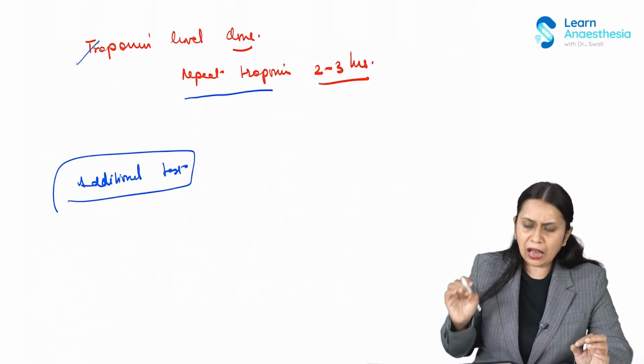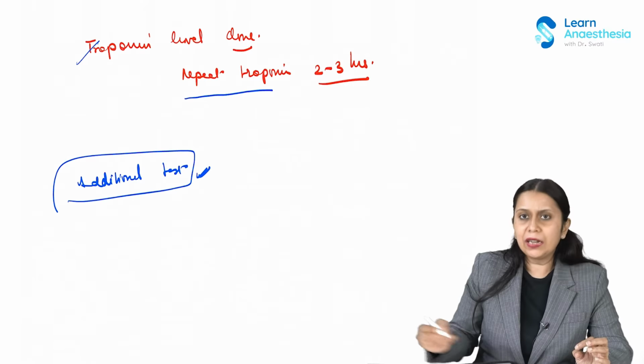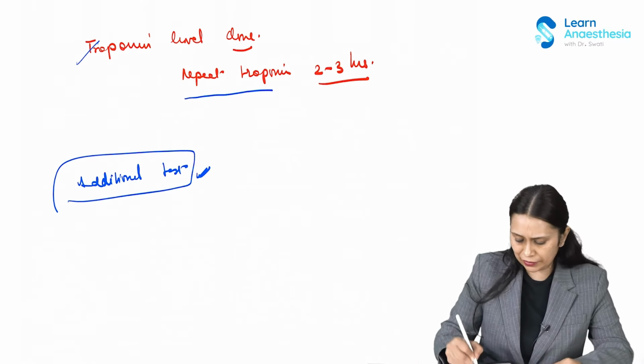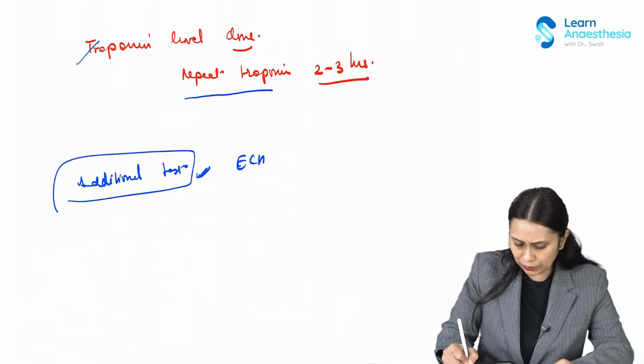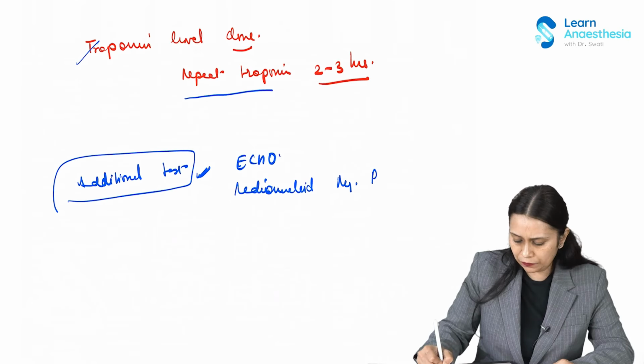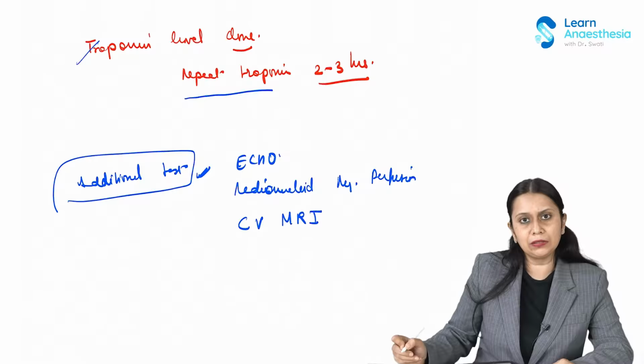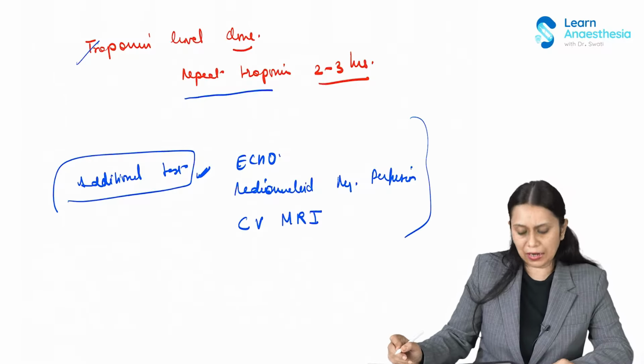So we may need an additional test done, like an echo, a radionuclide myocardial perfusion study, or a cardiovascular magnetic resonance imaging. This all can help us in making the diagnosis.